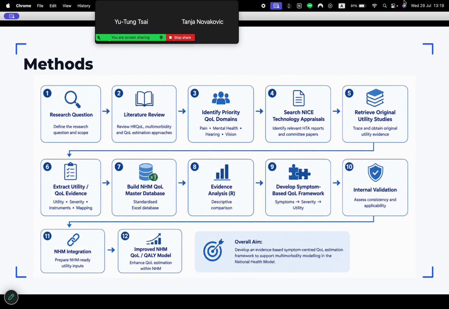I think the example I'm thinking of for this is, if you use vision loss as your worked example, and then the rest, so what you have for your thesis is all of this with vision loss as the worked example, and then the rest of what's in the National Health Model Quality of Life database is just there. You don't need to spend huge amounts of time writing up about it. It just needs the database of, this is this value, it comes from this reference.